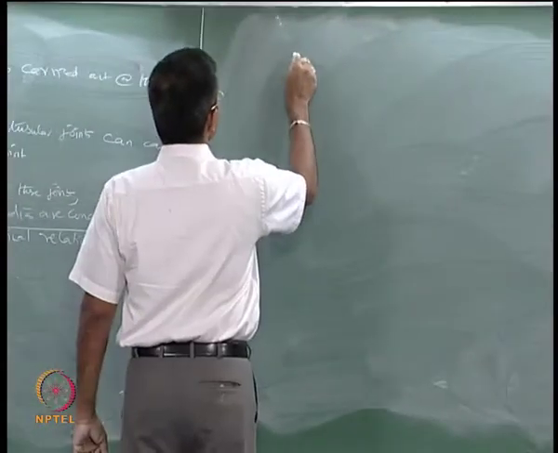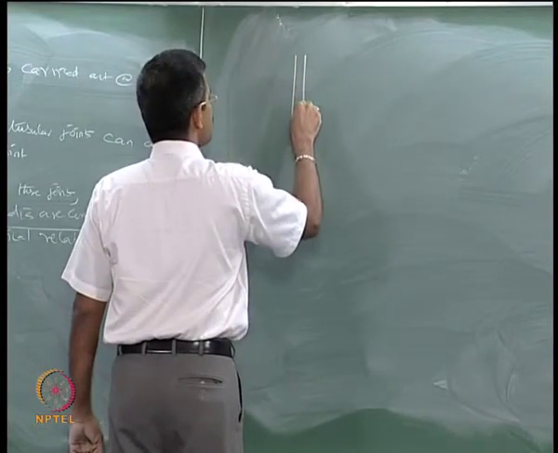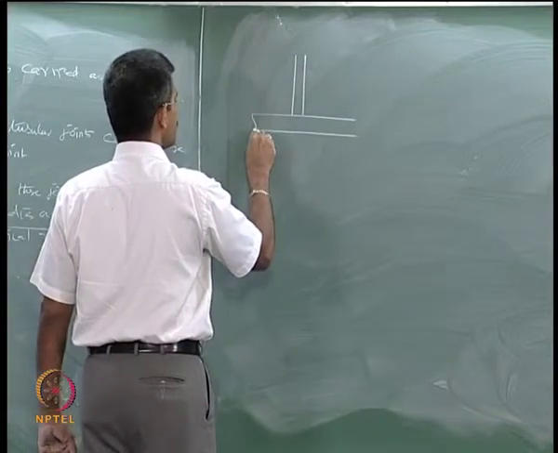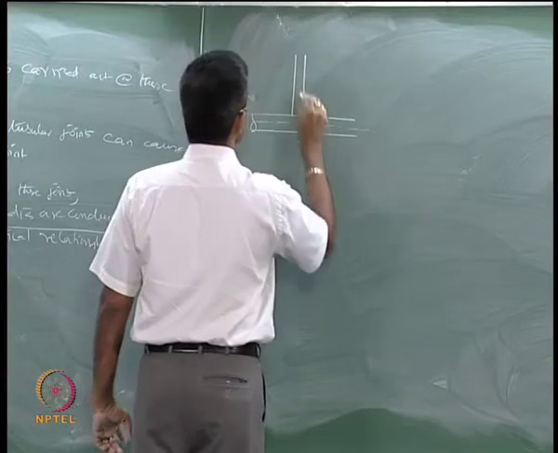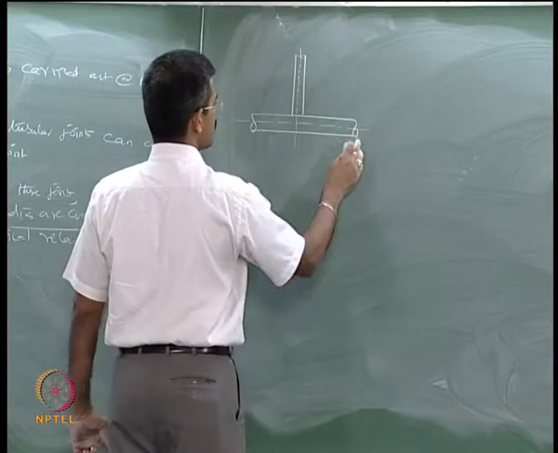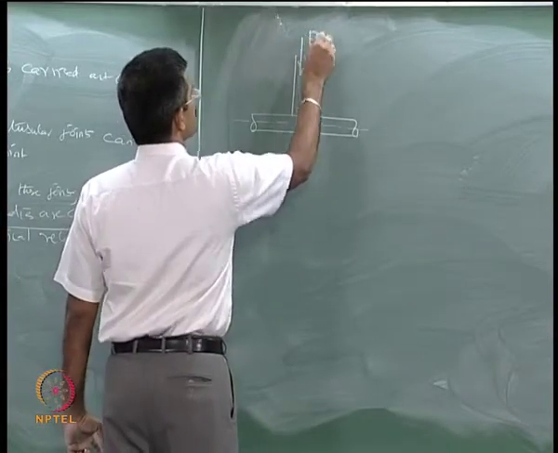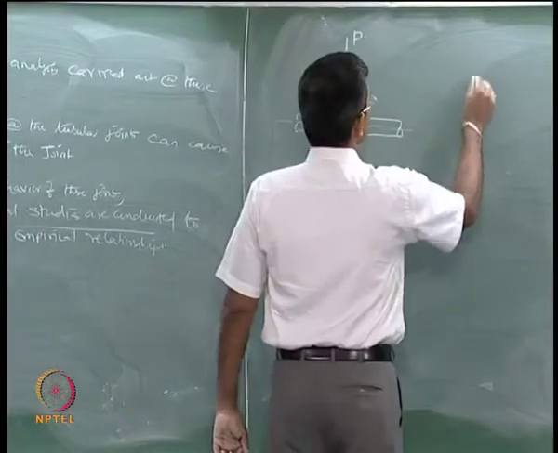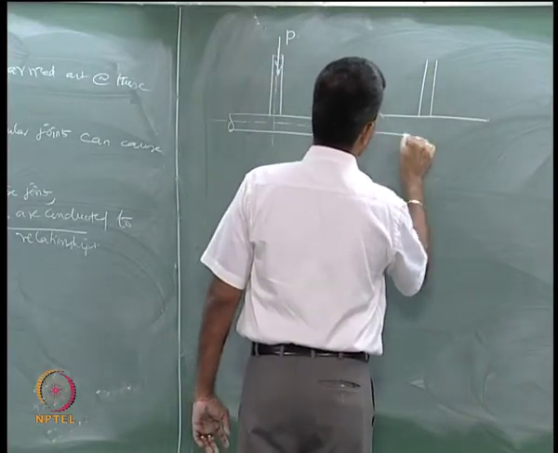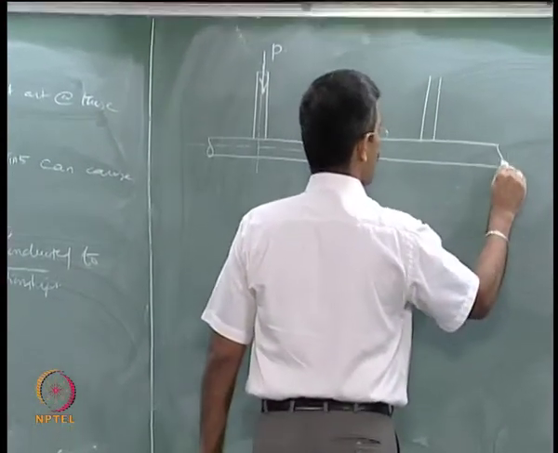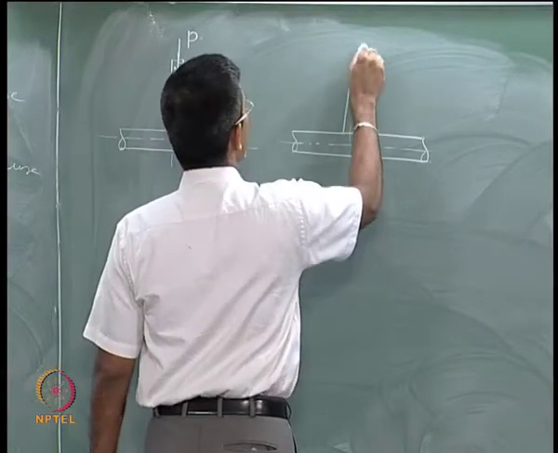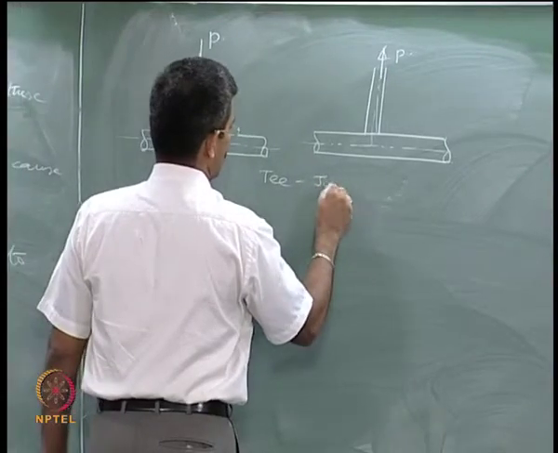We will talk about a T joint, can have P acting here, can have P acting outward also. This is what we call as T joint.